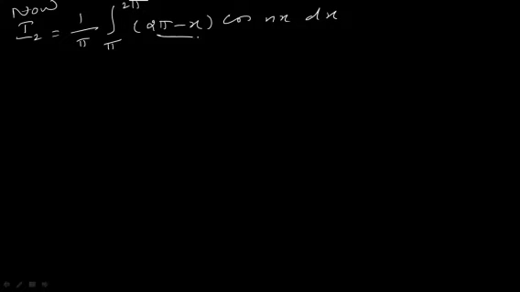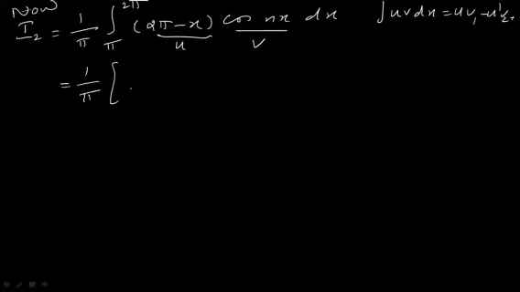Now this is of the form integral uv dx, that is uv1 minus u dash v2 plus etc. So let me take the first one, 2 pi minus x, as u and v as cos nx. Now let me integrate this using Bernoulli's formula.